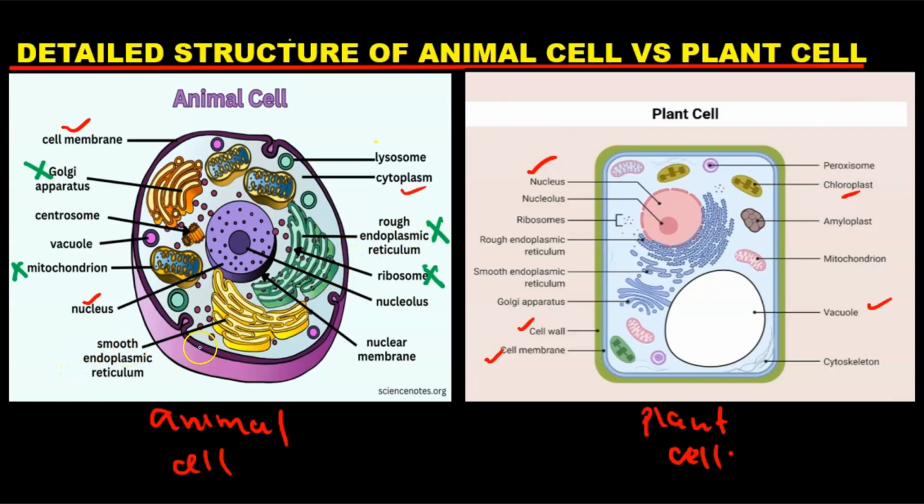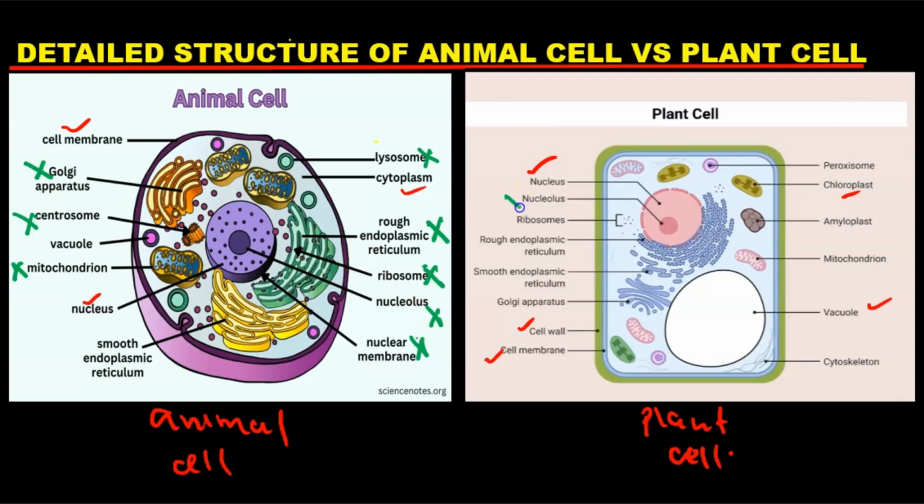The endoplasmic reticulum can be both smooth and rough, and the difference is that the rough endoplasmic reticulum has ribosomes on its surface, whereas the smooth one has an absence of ribosomes. There's lysosome, we have the centrosome, and we have the new parts, the nuclear membrane and the nucleolus. So these are some of the parts that you can see under the detailed view.